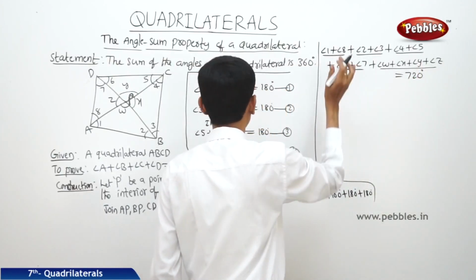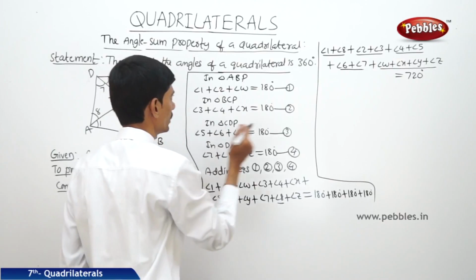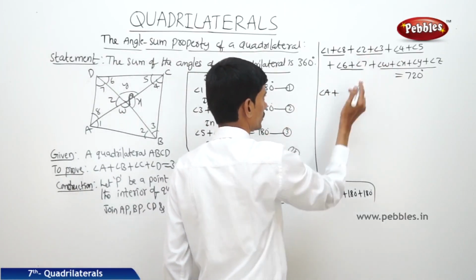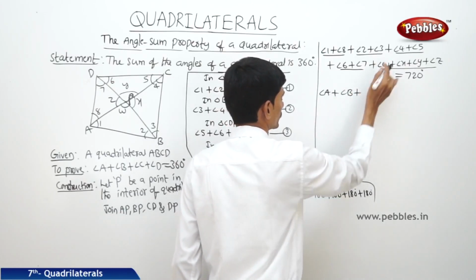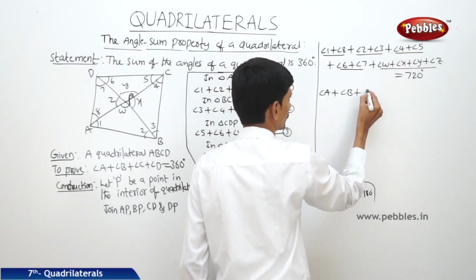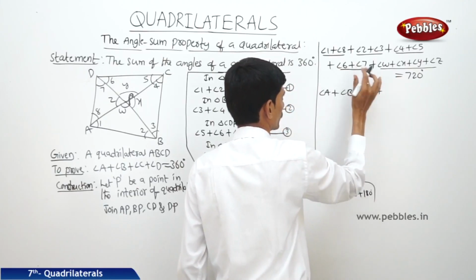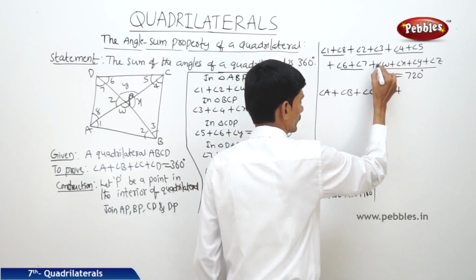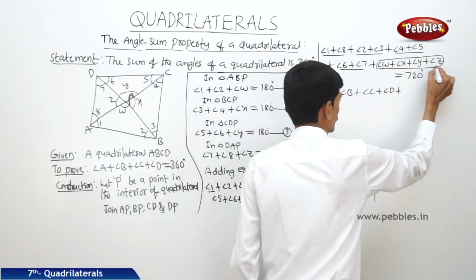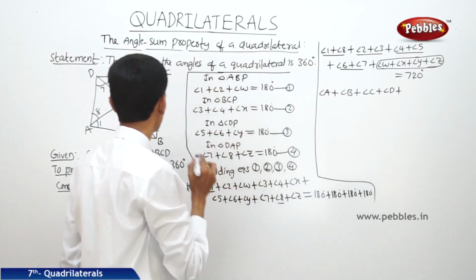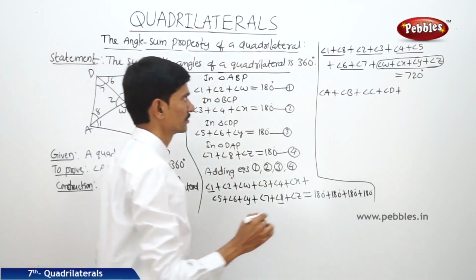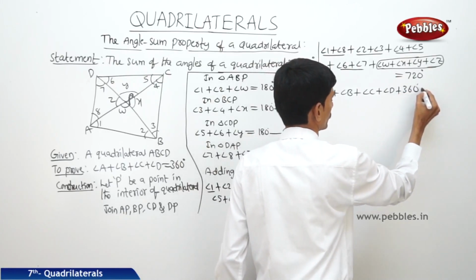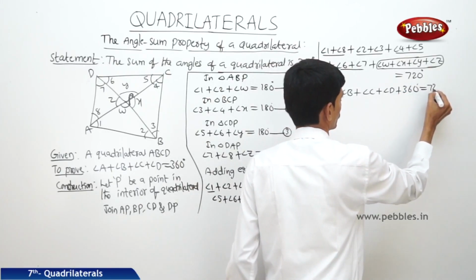Now angle 1 plus angle 8 together is angle A, plus angle 2 plus angle 3 means angle B, plus angle 4 plus angle 5 means angle C, plus angle 6 plus angle 7 means angle D, plus the sum of the angles at the point P, which is 360 degrees, equals 720 degrees.